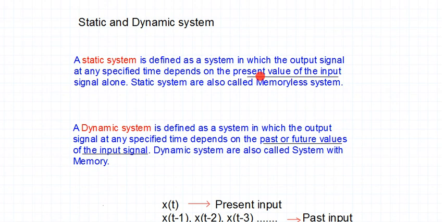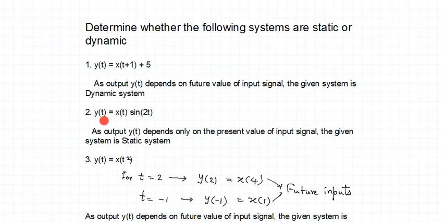If such is the situation, you will call the system a static system, and this definition completely applies to the given system equation. Here output is only dependent on x of t. The input is neither delayed nor advanced, so output y of t depends on the present value of the input, and hence the system is a static system.